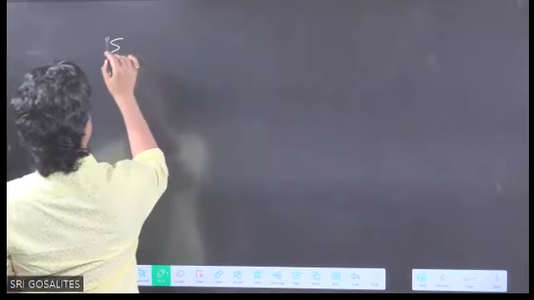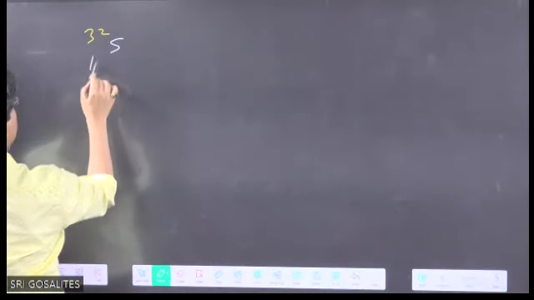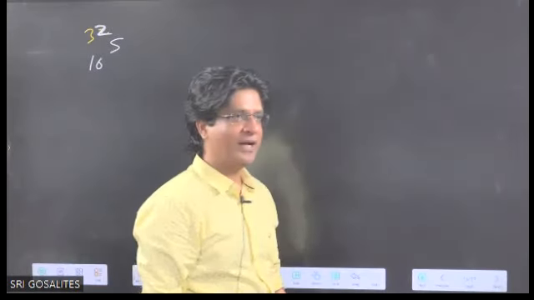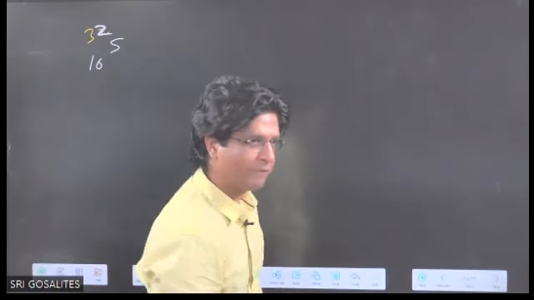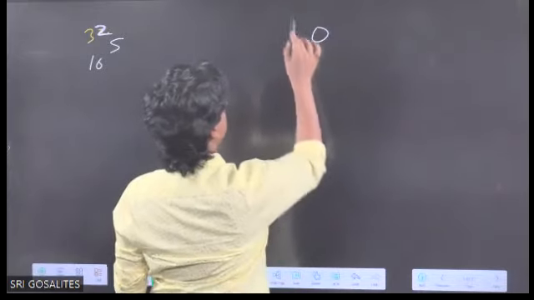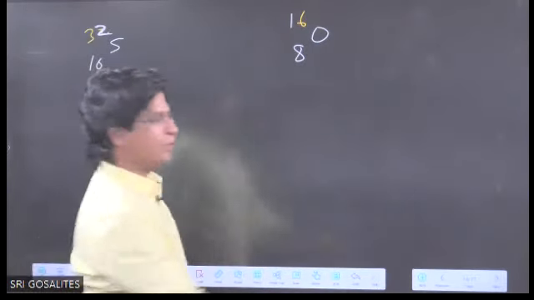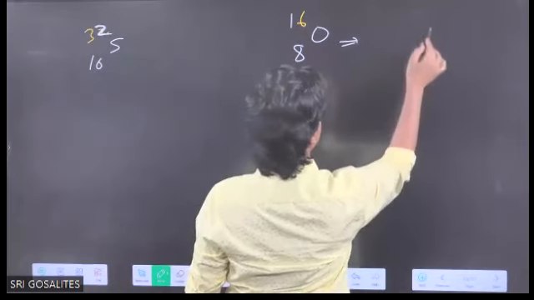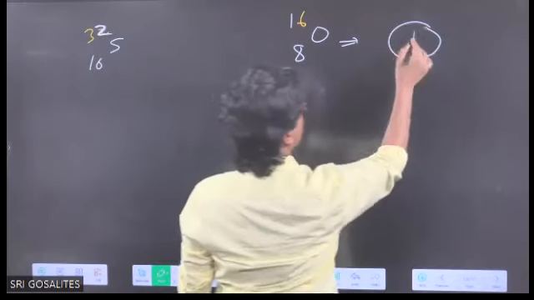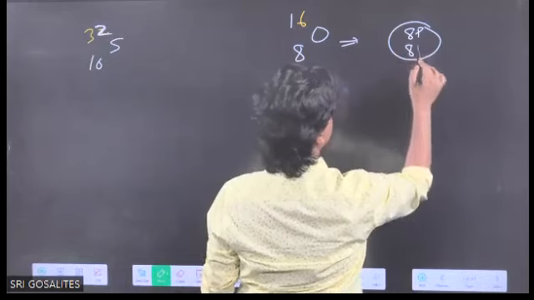What is sulfur? Sulfur is 32 and 16. Agree? And what is oxygen? 16 and 8. So what is the meaning of this? If I take an atom of oxygen, there will be 8 protons and 8 neutrons.